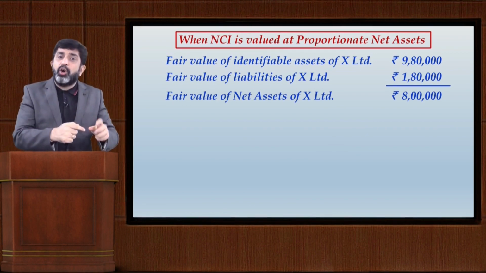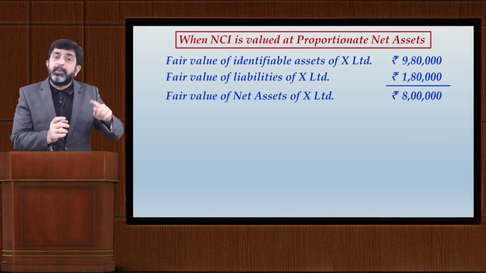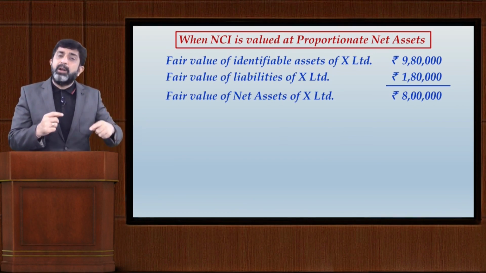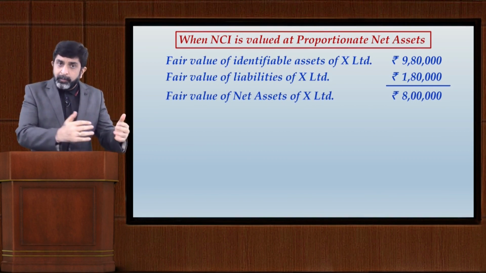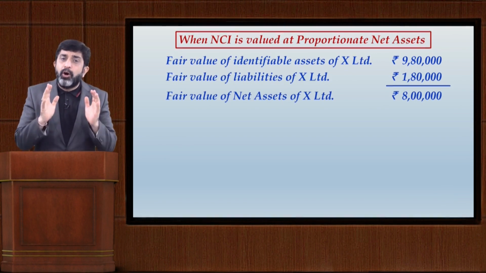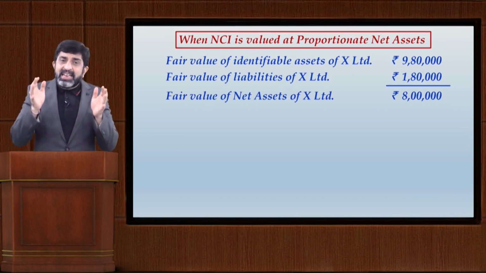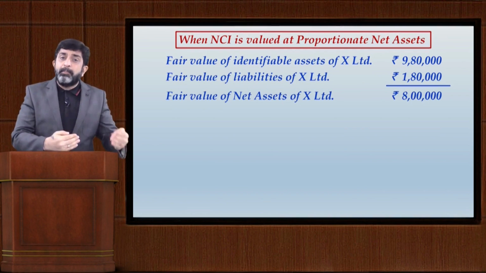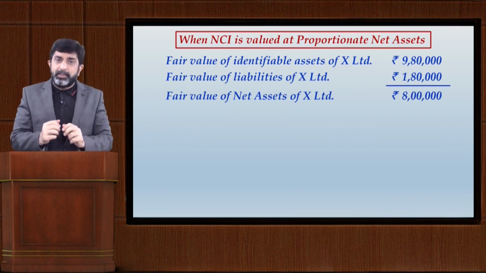The remaining part of the net asset, the remaining 20% of the net assets, that is 20% of 8 lakhs, that is 1,60,000, that will belong to the minority or non-controlling interest. So friends, if you can see, the entire net assets of X Limited is broken down into two components. The one that represents the controlling interest that we are owning, and the other part represents non-controlling interest that represents the other 20%.